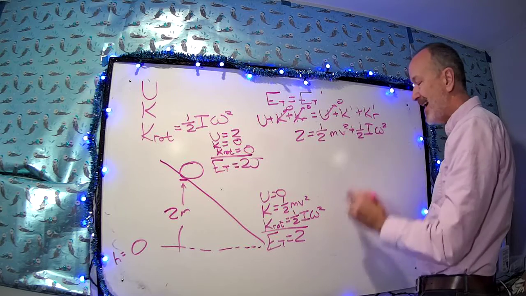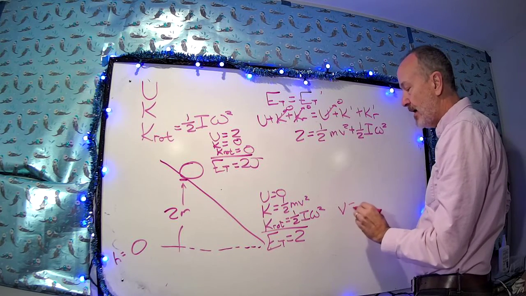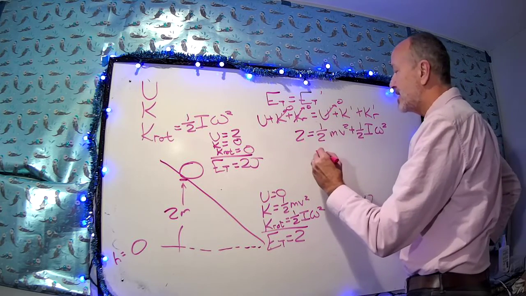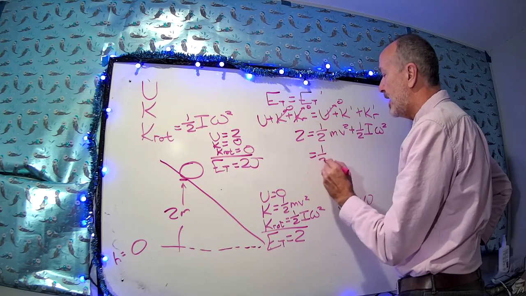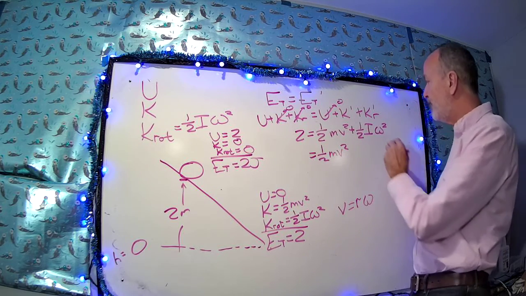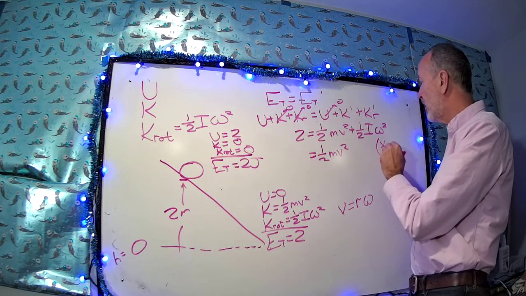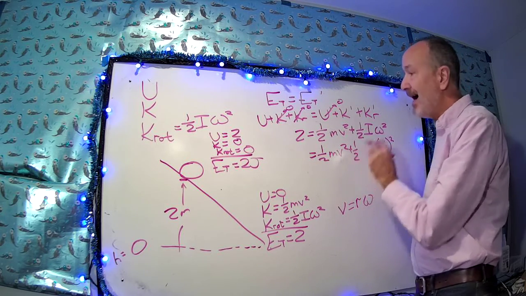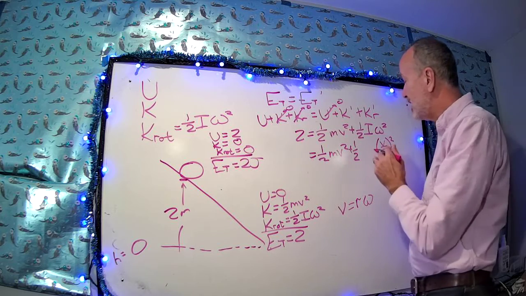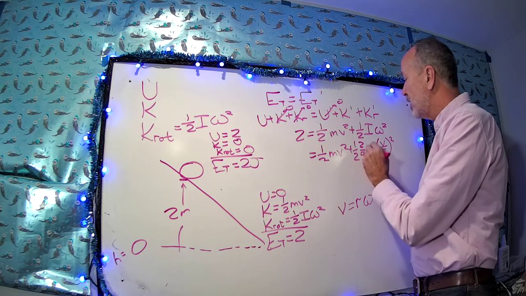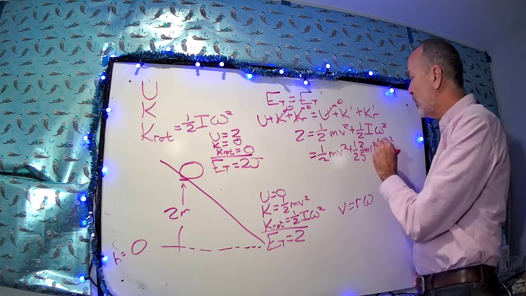But remember that v and omega are related like so. So I can substitute this as 1/2 mv squared, and for the omega squared, I could call it v over r, quantity squared. Now I, if it's a ball, the rotational inertia is 2/5 mr squared.